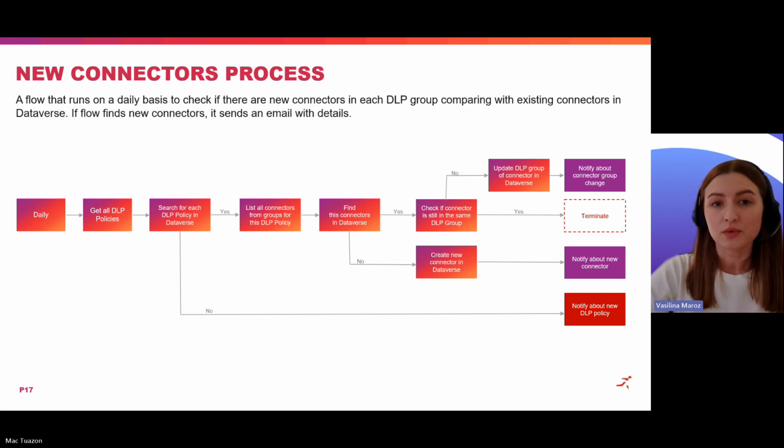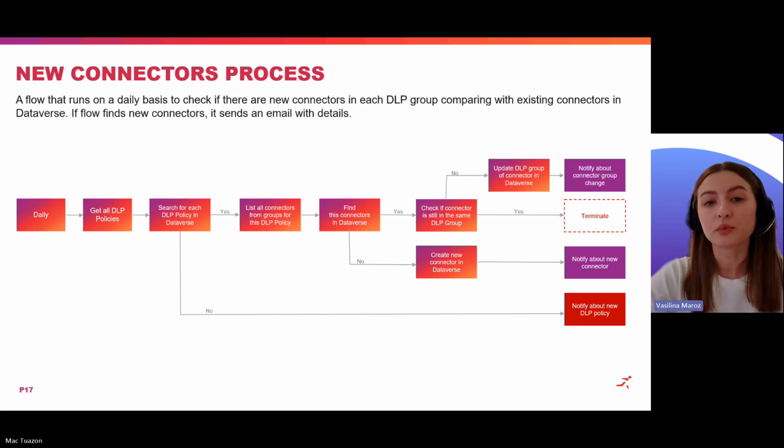One of the processes we've created is a flow that runs daily to check if there are new connectors in each DLP group, comparing with existing connectors in Dataverse. If the flow detects new connectors or new DLP policies or changes in current policies, it sends an email with all the details. This proactive approach ensures timely identification and response to changes, enhancing DLP governance and compliance.